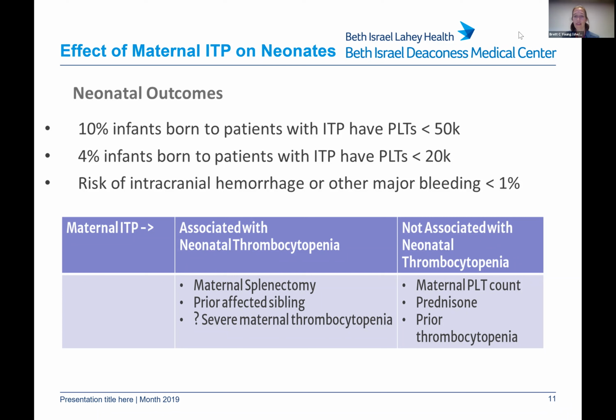What we do not think is associated with neonatal thrombocytopenia, again, most of the time, is maternal platelet count. Prior thrombocytopenia in the patient's lifetime is not associated with neonatal thrombocytopenia, and prednisone use is actually not associated with thrombocytopenia either.